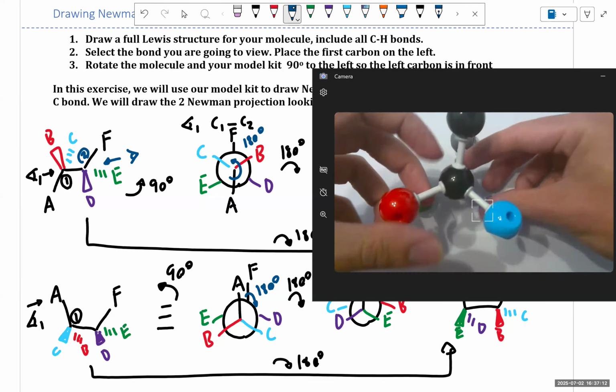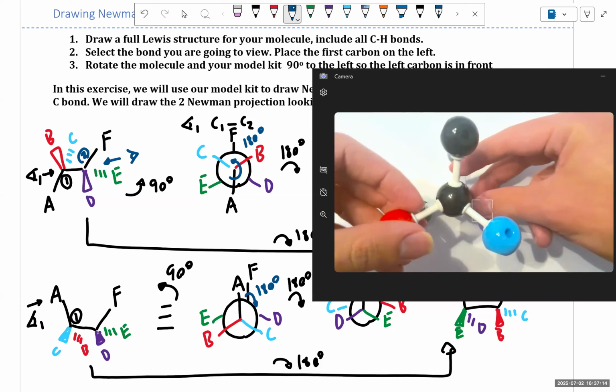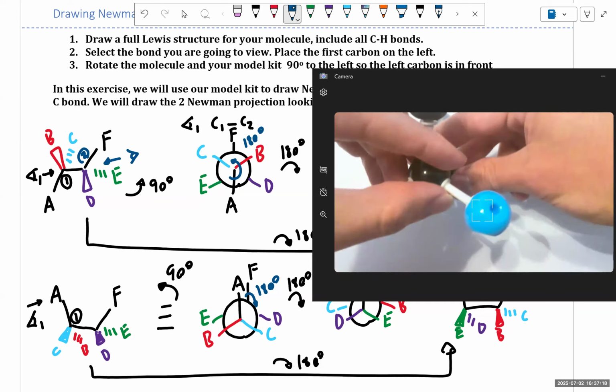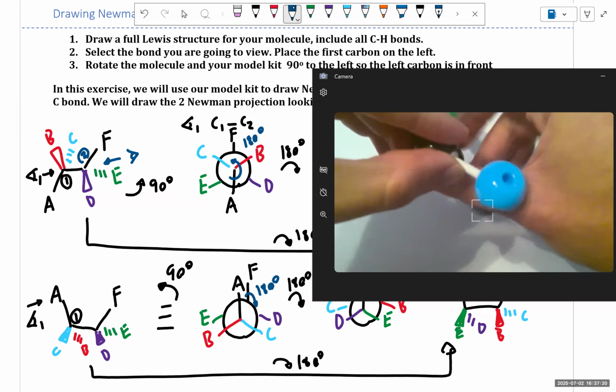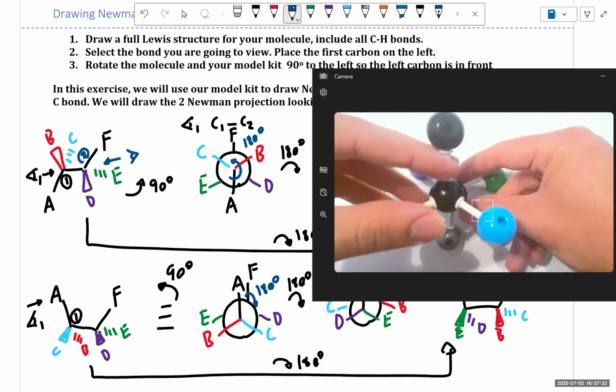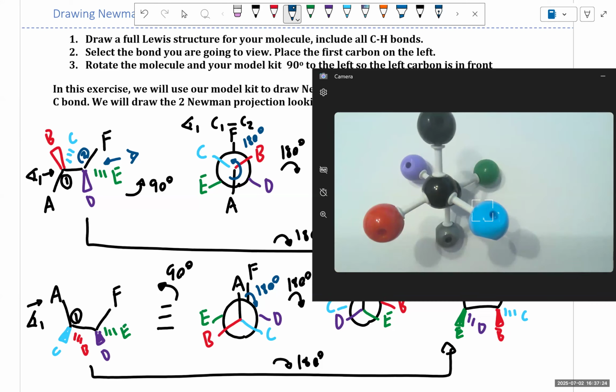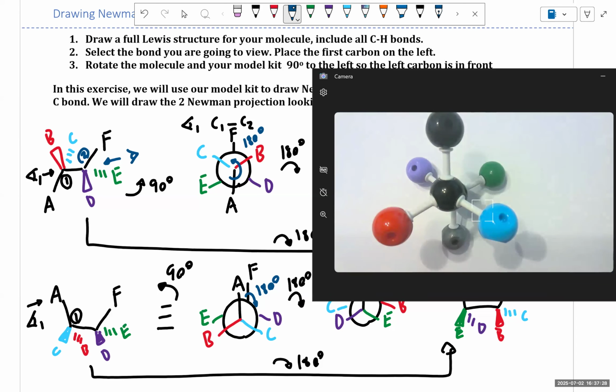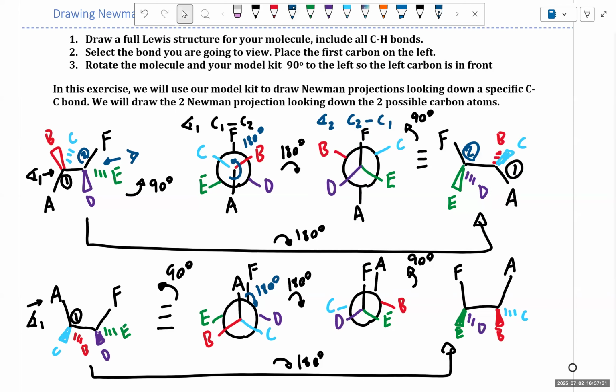So first, let's get our Newman projection with carbon 1 in front. Now what I'm going to do is take my back carbon substituents and rotate them 180 degrees. This gives us a pretty interesting Newman projection that we're going to draw out.